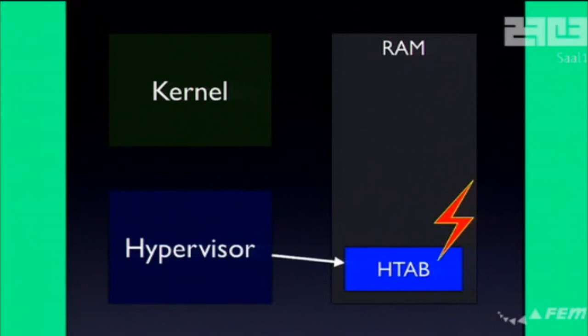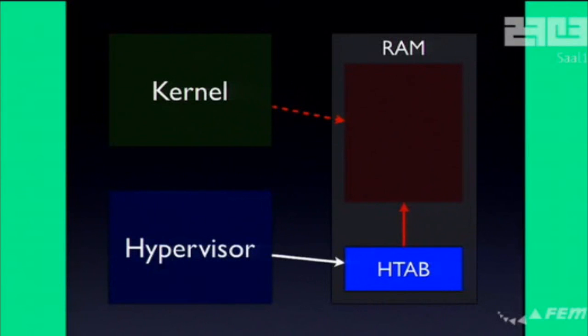GeoHot glitched the memory bus right when that write happened, so that even though the hypervisor thinks you have that chunk of memory allocated, in reality it's not freed completely because the kernel still has a page entry that can access it. So the hypervisor thinks that's free memory, but you can still read and write from it, which is bad. And finally, all you have to do is ask the hypervisor to create a new virtual address space, which means create a new page table.